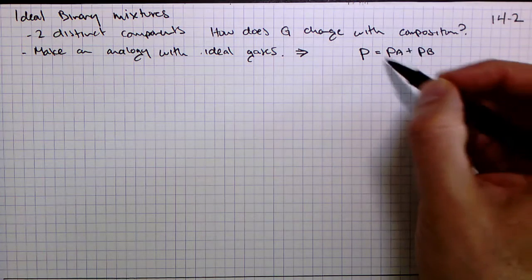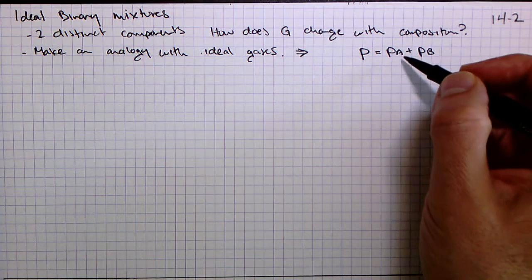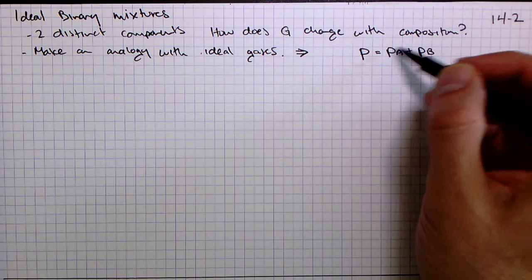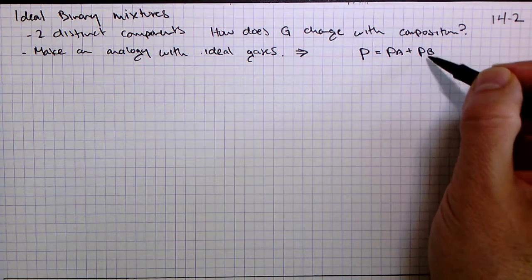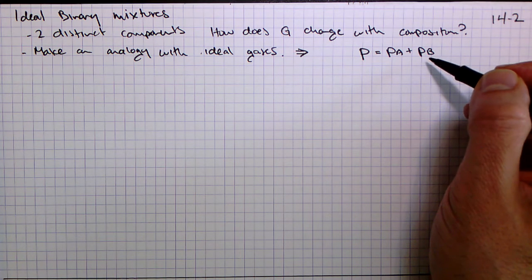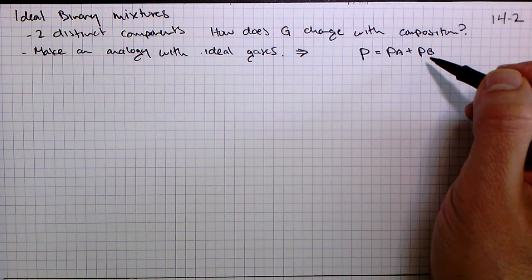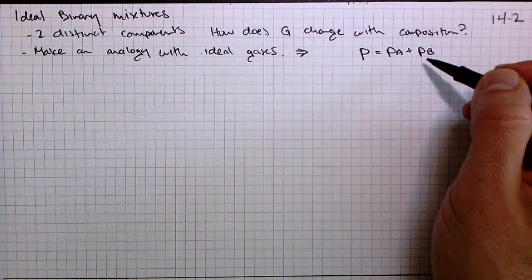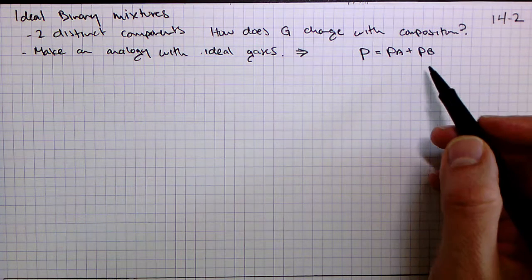So if we take A gas and put it in a box, and we see how much pressure it is, and we take the B gas and we put it in a box and measure the pressure, and then if we then try to stuff both of them into the same box, the pressure should just be the sum of the two.